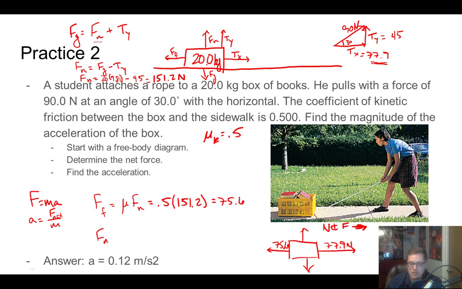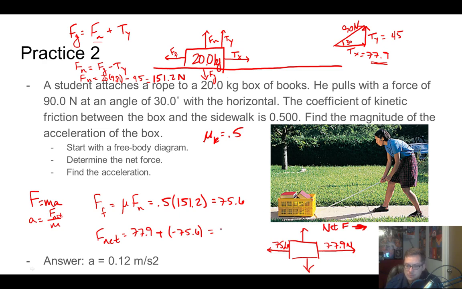So our F net is going to be equal to the sum of all our forces. So that's 77.9 minus or plus a negative 75.6, right? And this one's negative because it's pointed to the left. All right, so we take 77.9 minus 75.6, and we get 2.3 newtons.